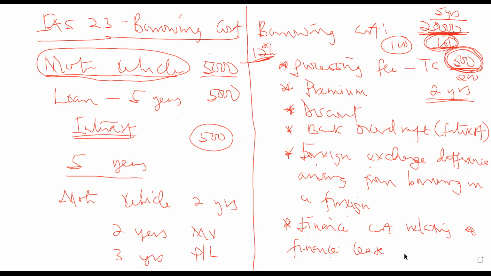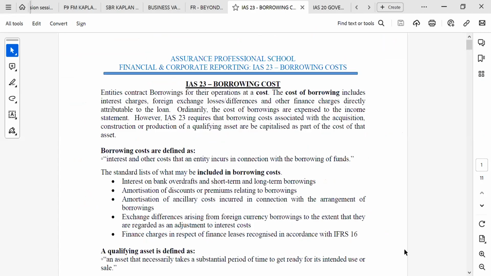Okay. So let's come here. Borrowing costs are defined as interest and other costs that an entity incurs in connection with the borrowing of funds. The standard lists what may be included in borrowing costs. Okay, the first one is interest on bank overdraft or short-term borrowing.